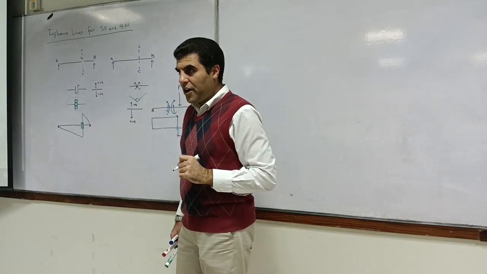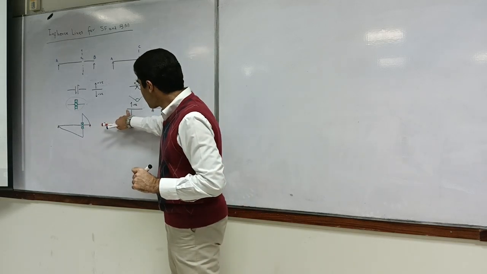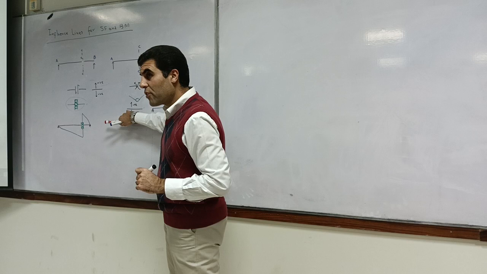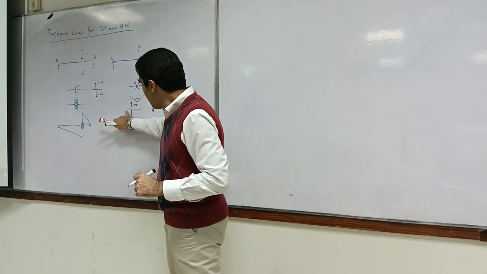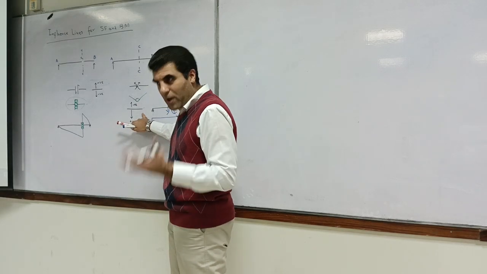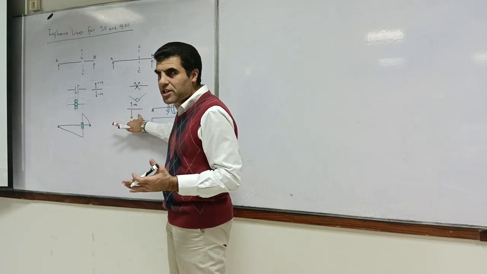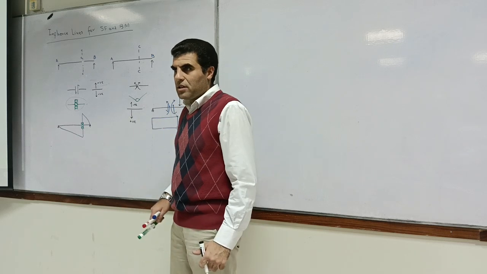Sorry, I'm just saying that in the case of moment, we can assume that if your moment is over here, then you take positive. So what this assumption is going to do is you will always draw your moment on the tension side.